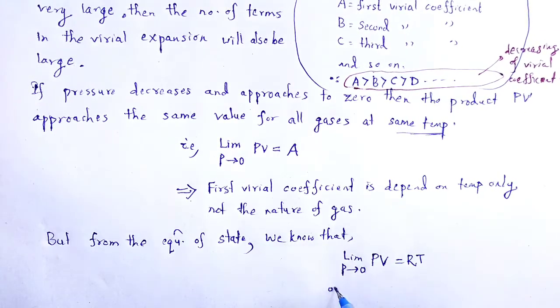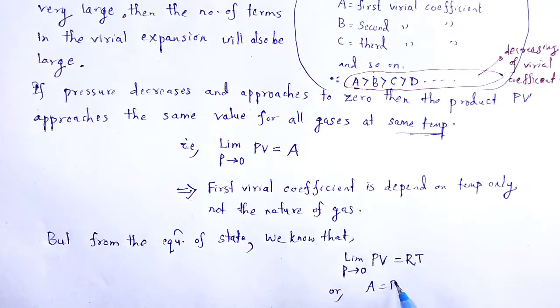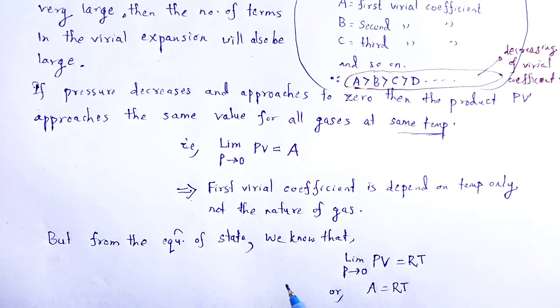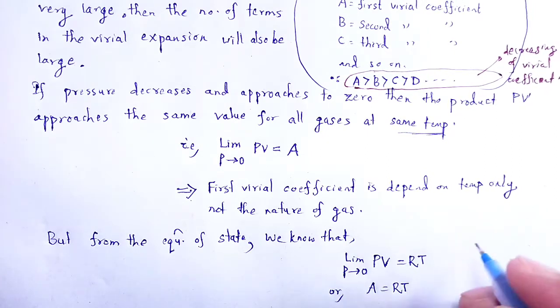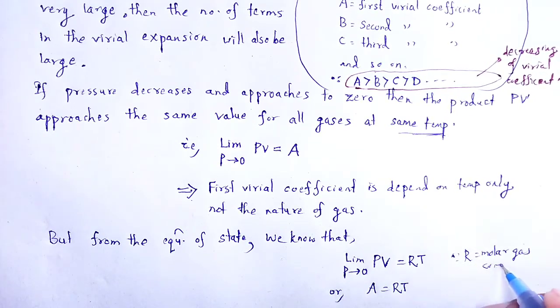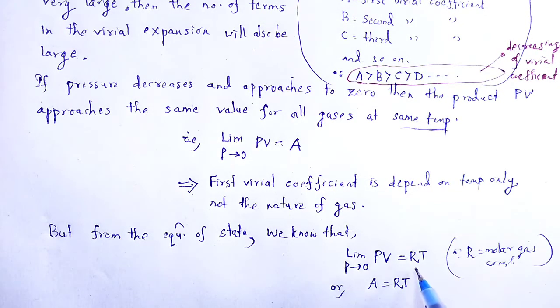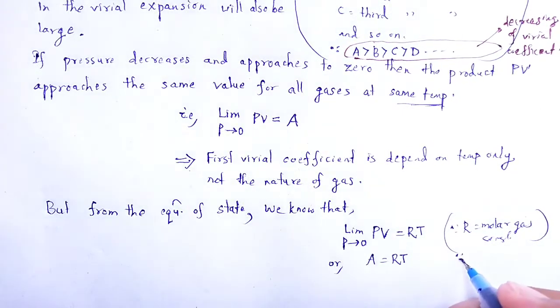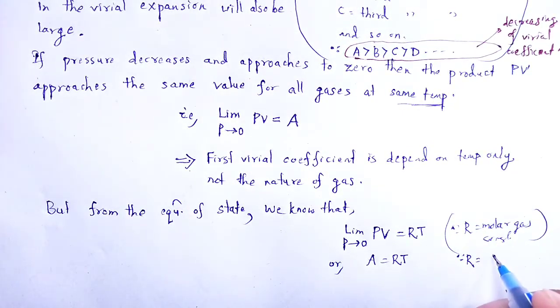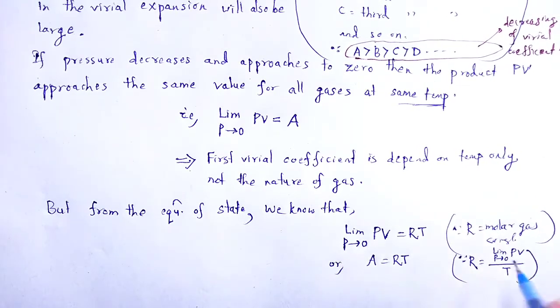That value will be A, or limiting PV is equal to A. So A is equal to RT, where R is the molar gas constant, the universal gas constant. Mathematically, the value of R can be written as the limit as P tends to 0 of PV divided by T.